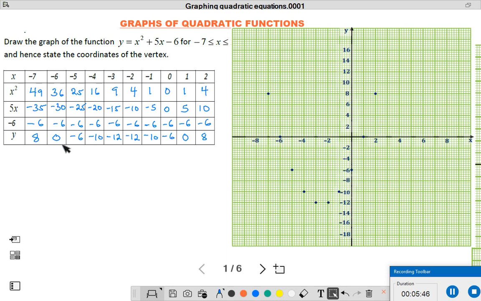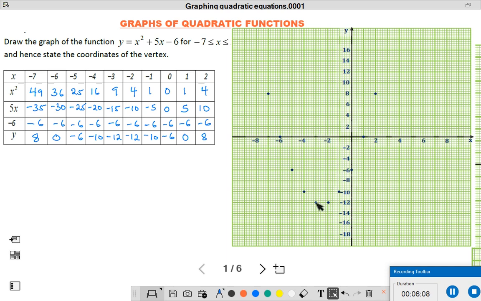Here negative 6, 0, the point is here, already indicated. Negative 5, negative 6, negative 5 is here, and negative 6 is here. Negative 4, negative 10, the point is here.